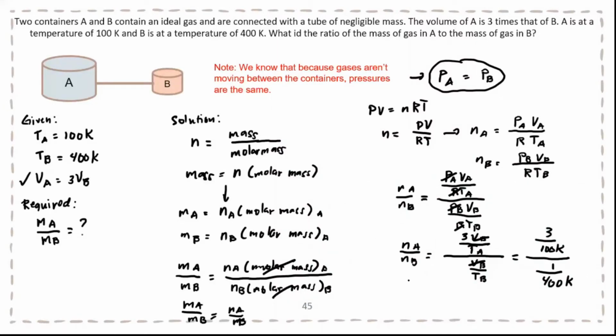Inputting it to a calculator, nA over nB is equal to 12. Now we know that nA over nB is equal to mass A over mass B, so that is just equal to 12 also. So our final answer is 12.